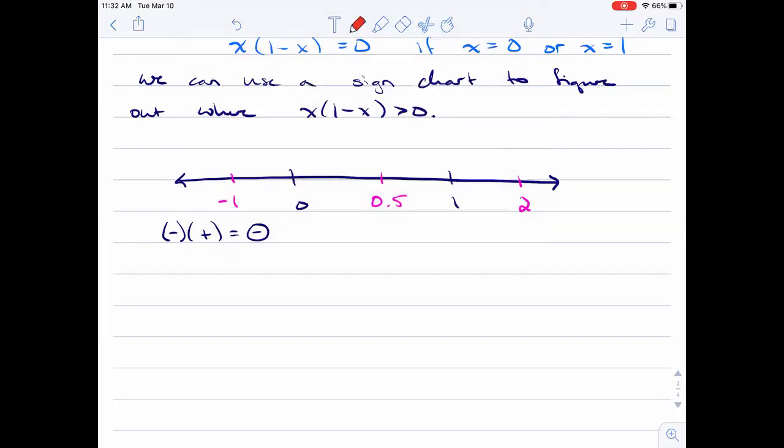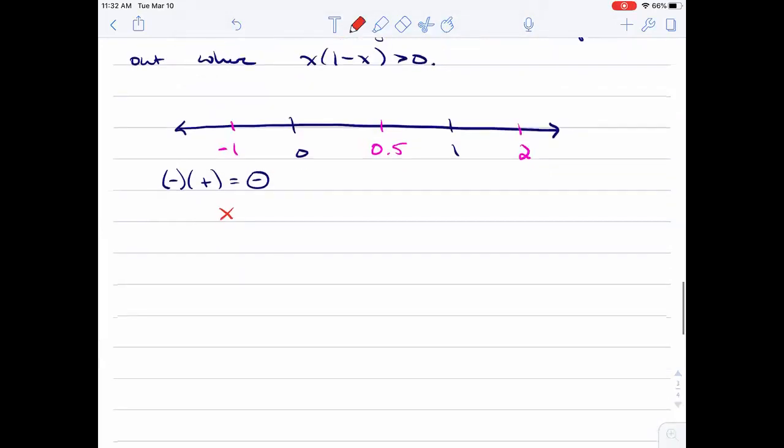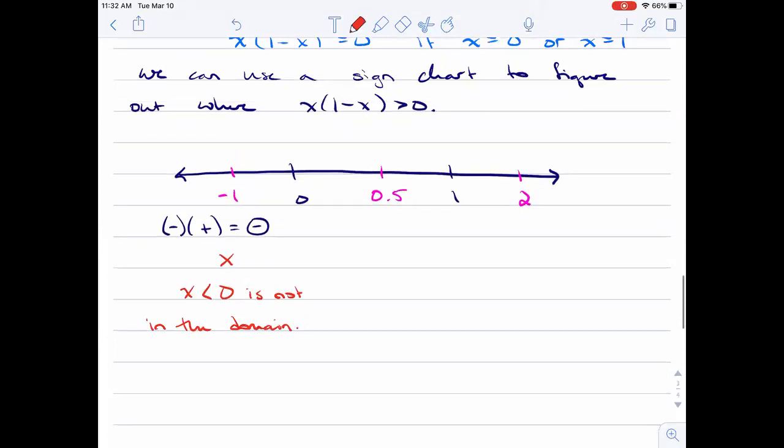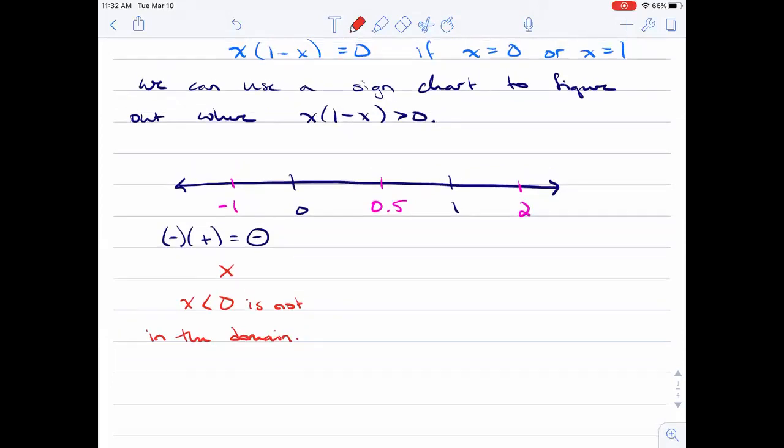A negative times a positive is negative, so it's a no-go here, right? So x less than 0 is not in the domain, because I can't plug in. In fact, I'm going to include 0 here, x less than or equal to 0, just because we can't have 0 in the log. So we have to exclude 0 and 1 because they make it 0.